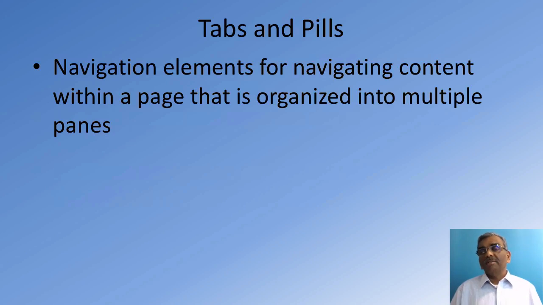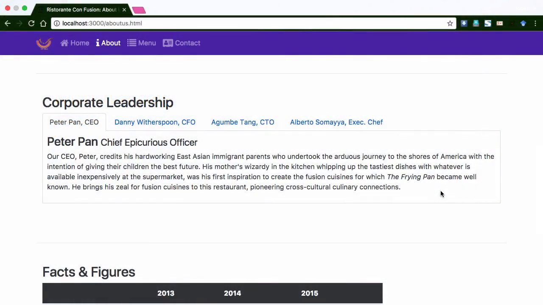What's better than to just go and take a look at the use of tabs and pills in navigation? Taking a look at an example of the use of tabs in navigation, you see that in this particular case, you have the corporate leadership information in our About Us.html page enclosed inside tabs with the tab navigation built on top here.